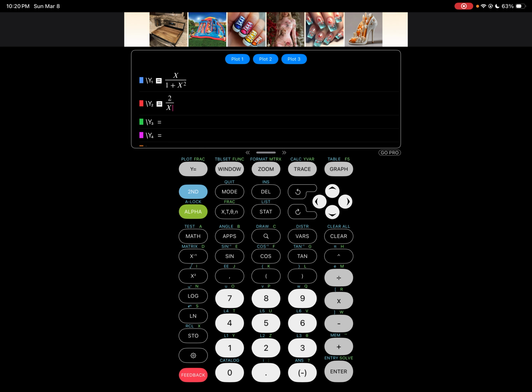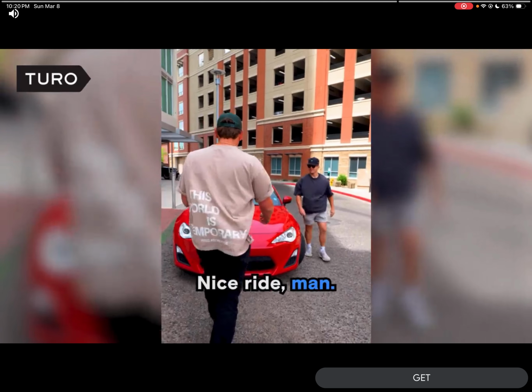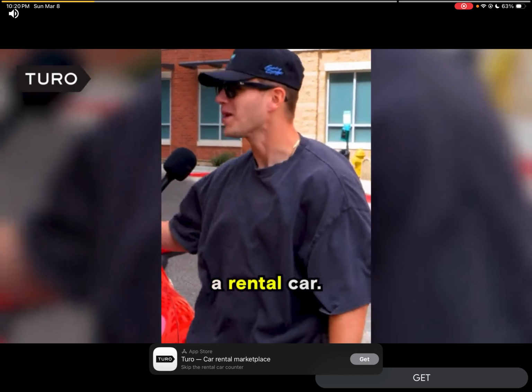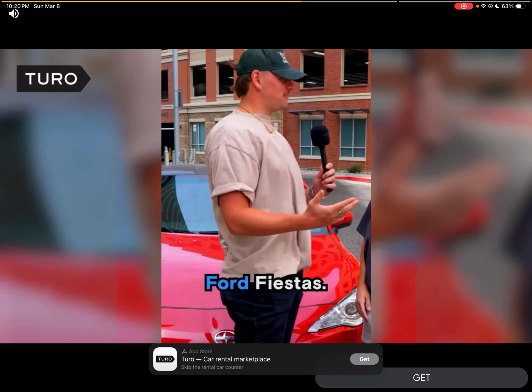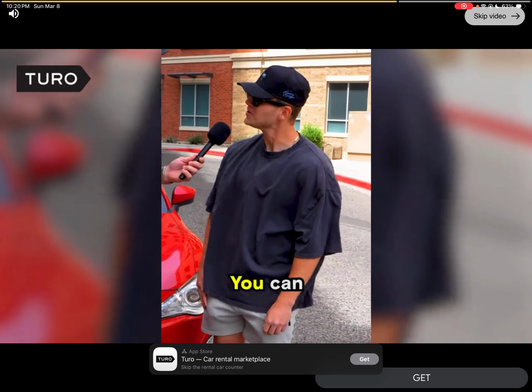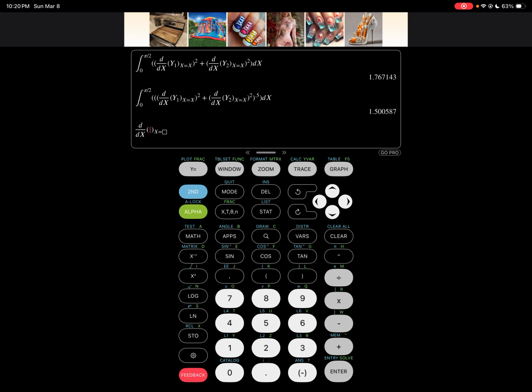Now, theoretically, we could do this by hand, but I'm not trying to do that. Anyways, what was I doing?